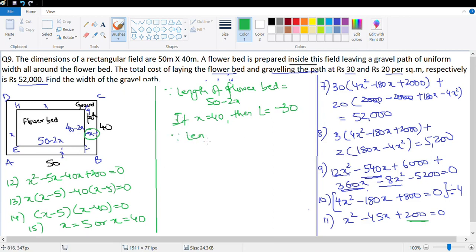Since length can't be negative, therefore width of path is equal to 5 meter. So our answer is x is equal to 5 meter.